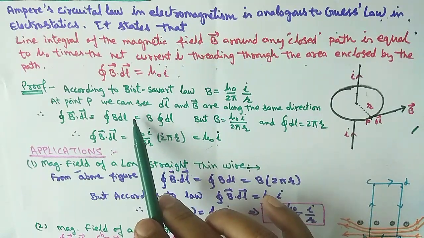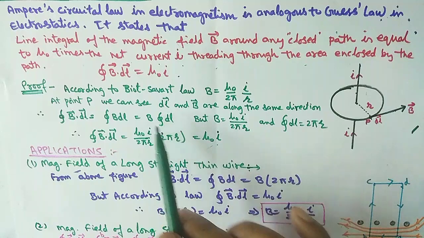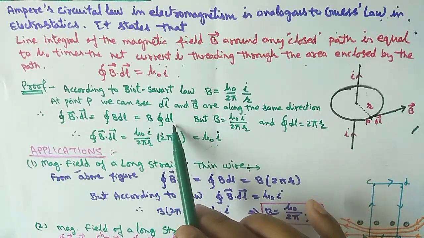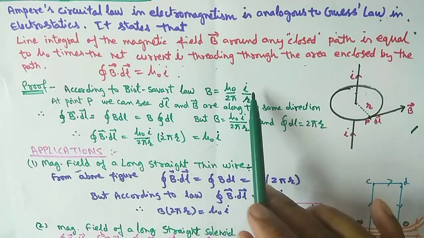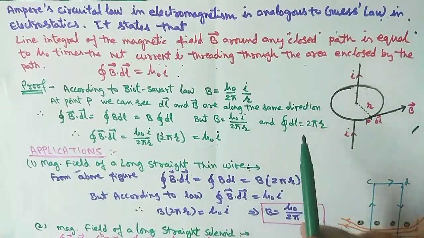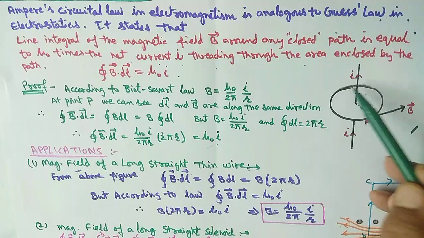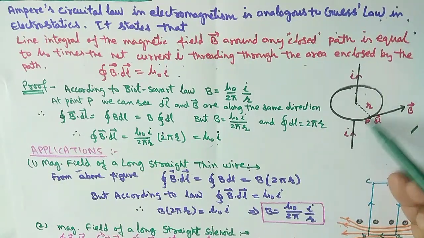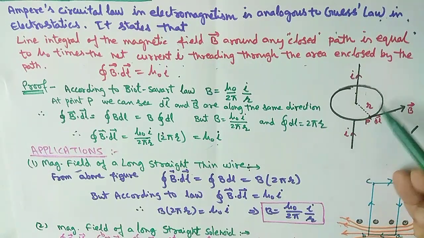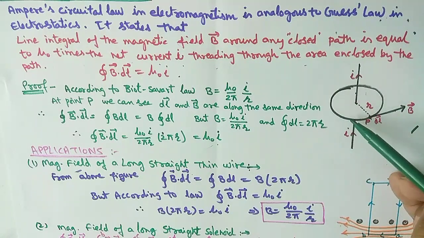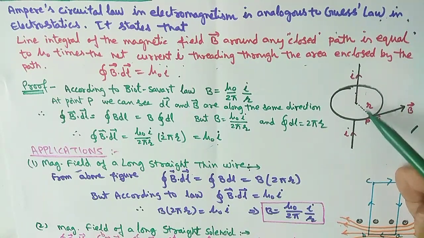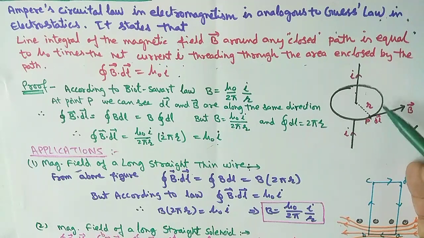Take B outside the integration of dl, and from Biot-Savart's law, B is equal to this value. The integration of dl, which is a small part of this circumference, is equal to the total, 2 pi r. R is the radius, so the circumference is equal to 2 pi r.